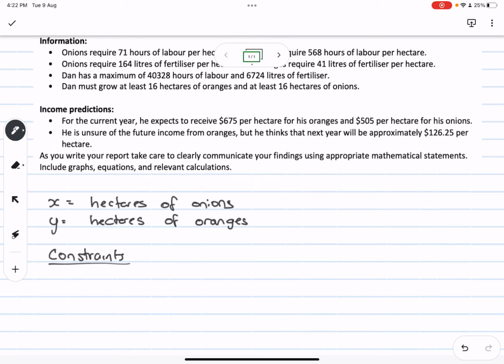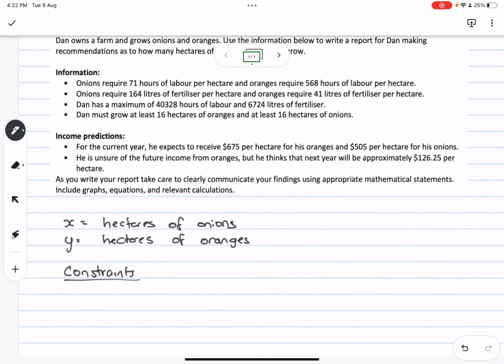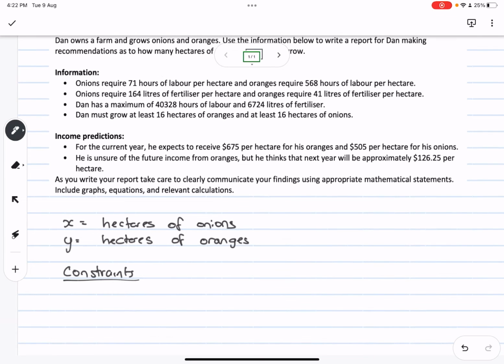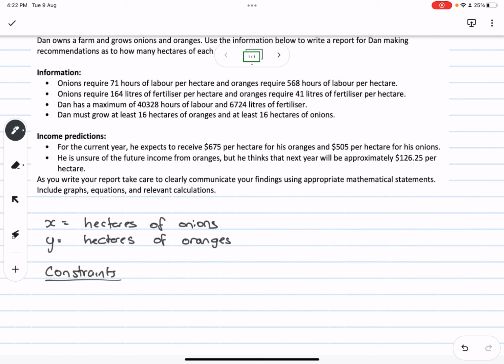Looking at our information, we know that onions require 71 hours of labour per hectare and oranges require 568. So we're going to have an equation here for our labour.